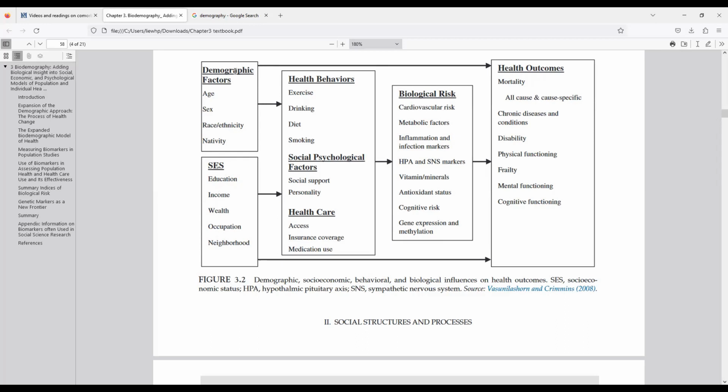These factors, the so-called fundamental causes, do not have a direct effect on ultimate health outcomes. The fundamental causes work through intermediary mechanisms like health behavior, psychological factors, healthcare variables, and biological risk to affect the ultimate health outcome. This is also a portrayal of the fundamental cause theory.